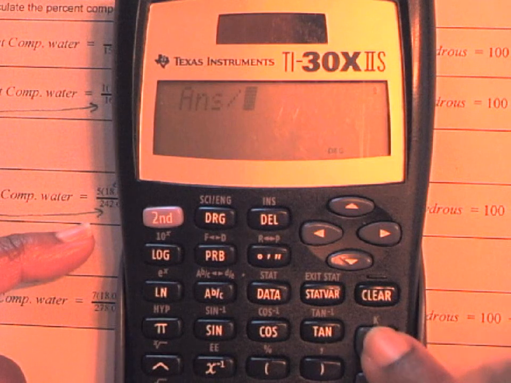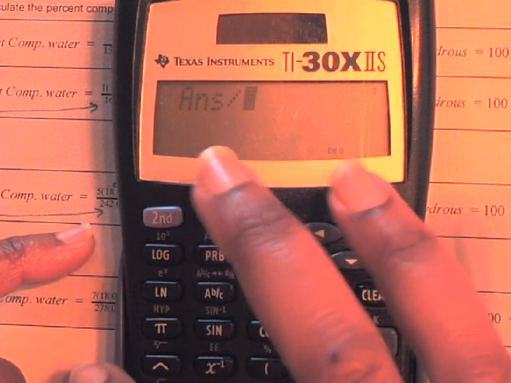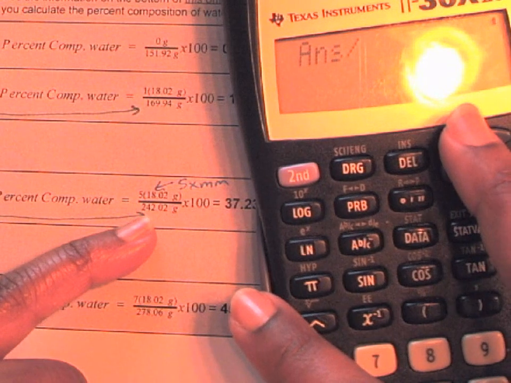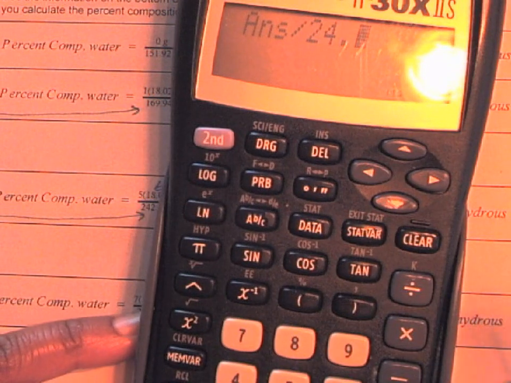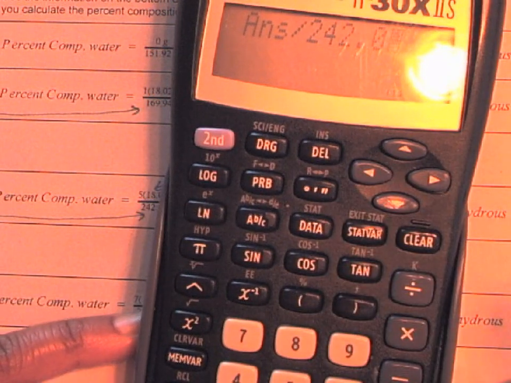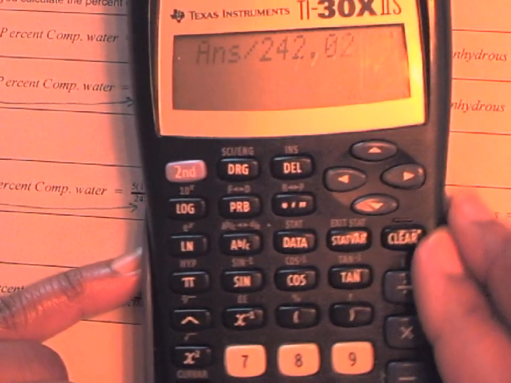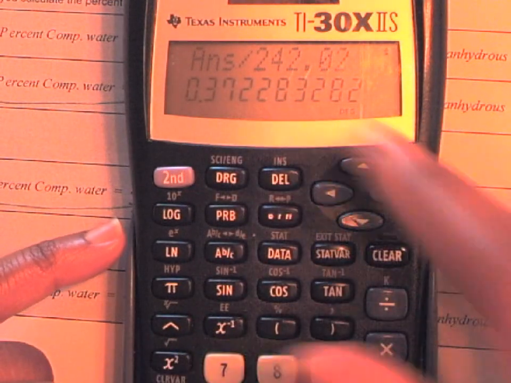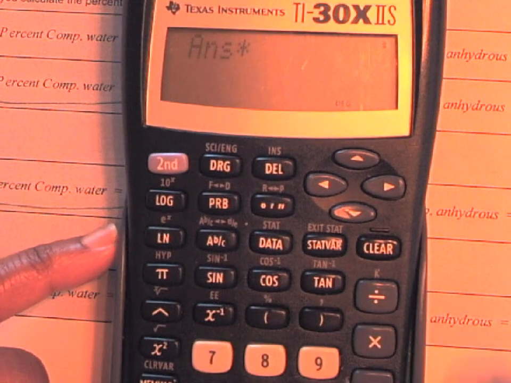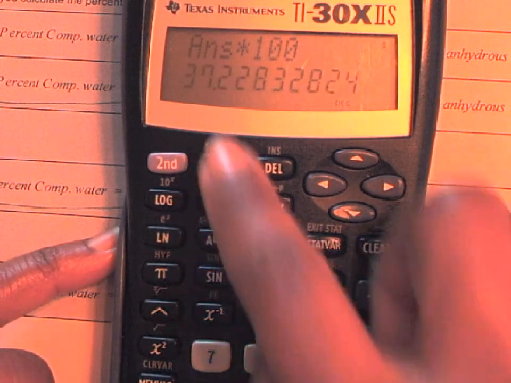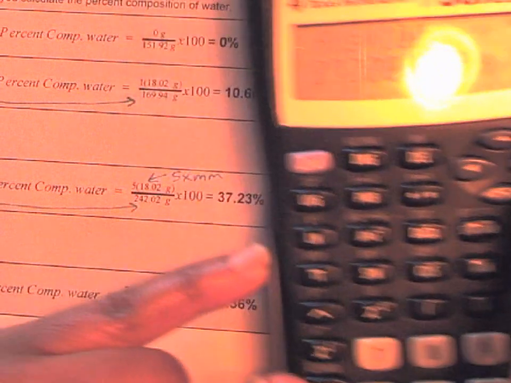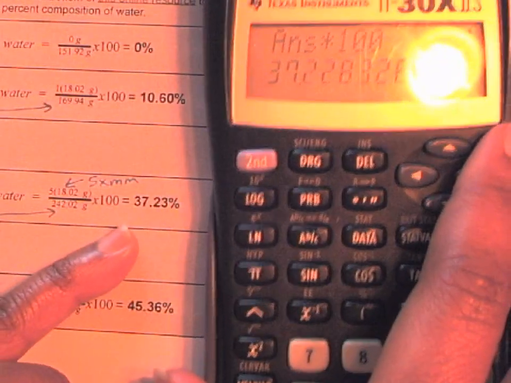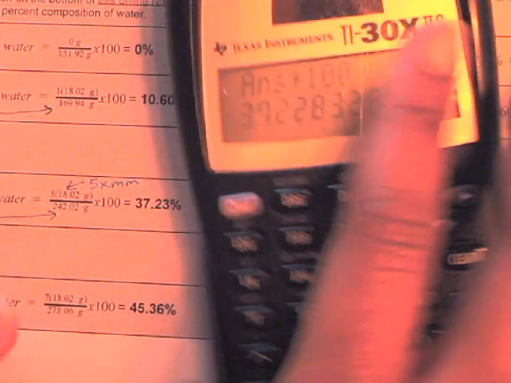And then I would divide that answer by the molar mass, 242.02. Then I get a decimal number. I need it in percent, so then I would just multiply by 100. And I'm using up to 2 decimal places. And so that's how I got that number here, 37.23, because I cut it off at 2 decimal places. So that's how you would do this part.